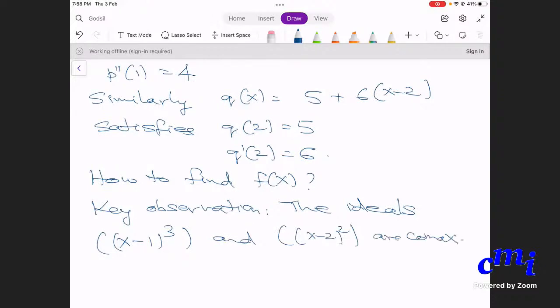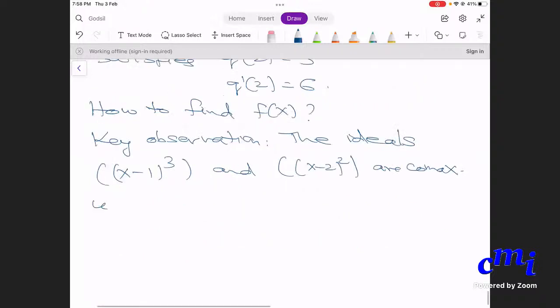This is my claim. This is an observation I want to make. That means if I take the ideal generated by these two, I get the whole of k[x], i.e. the ideal generated by x minus 1 cube and x minus 2 squared is the whole of k[x].